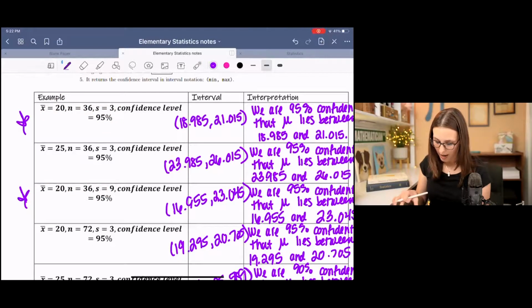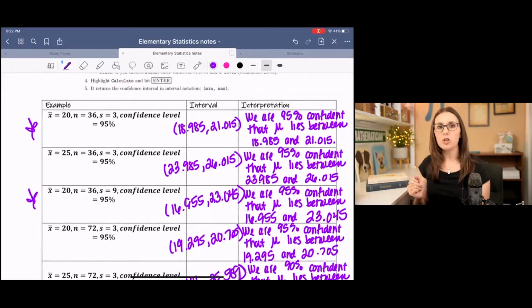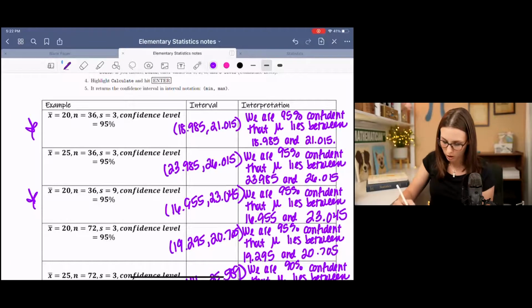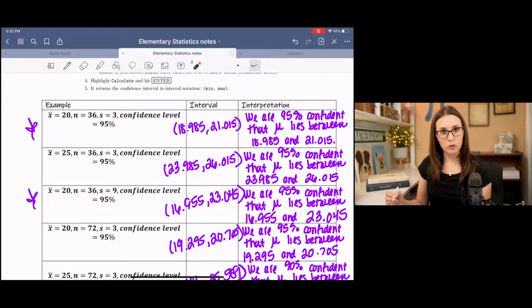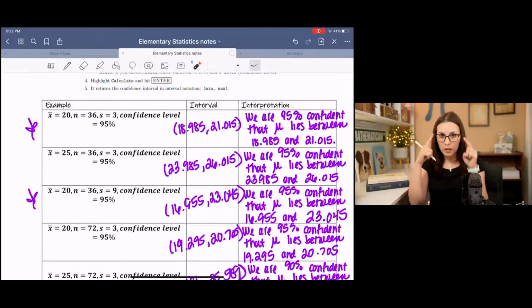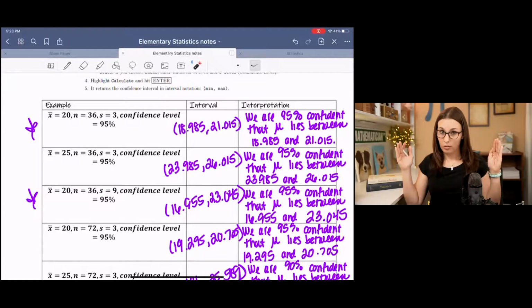How were they different? So when the standard deviation was larger, what happened to the confidence interval? If you think about it in terms of a number line, in the first one, we're starting at 18 and ending at 21. I'm rounding, just kind of lopping it off. 18 to 21 is now 16 to 23.